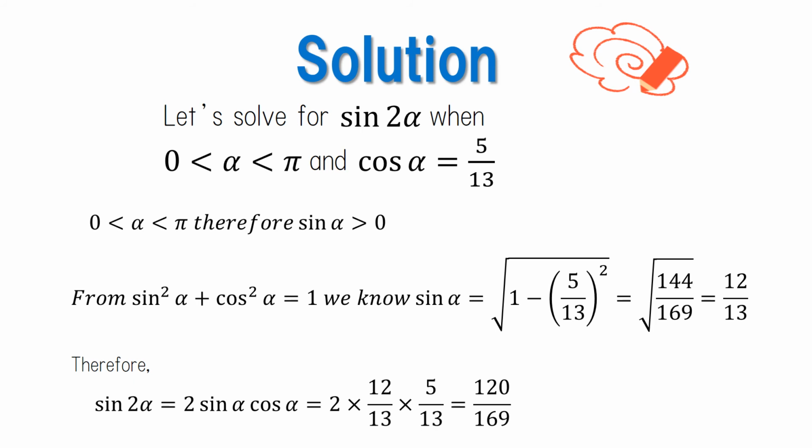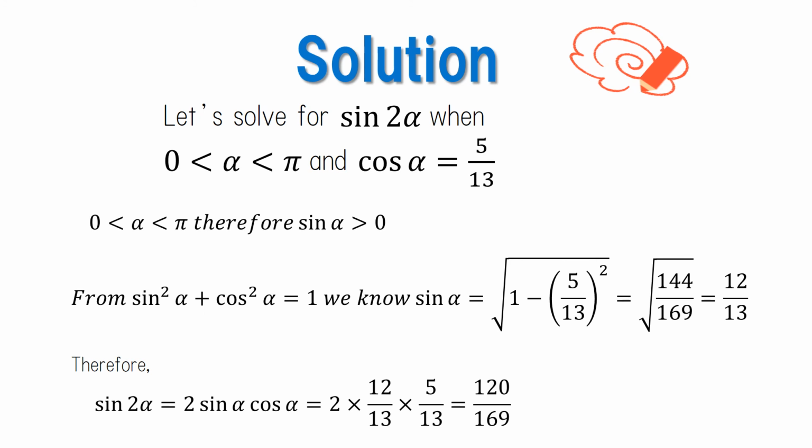Zero is less than alpha and alpha is less than pi, so sin alpha is greater than 0. From sin squared alpha plus cosine squared alpha equals 1, we know that sin alpha equals the square root of 1 minus (5 over 13) squared, which also equals the square root of 144 over 169, which can be reduced to 12 over 13.